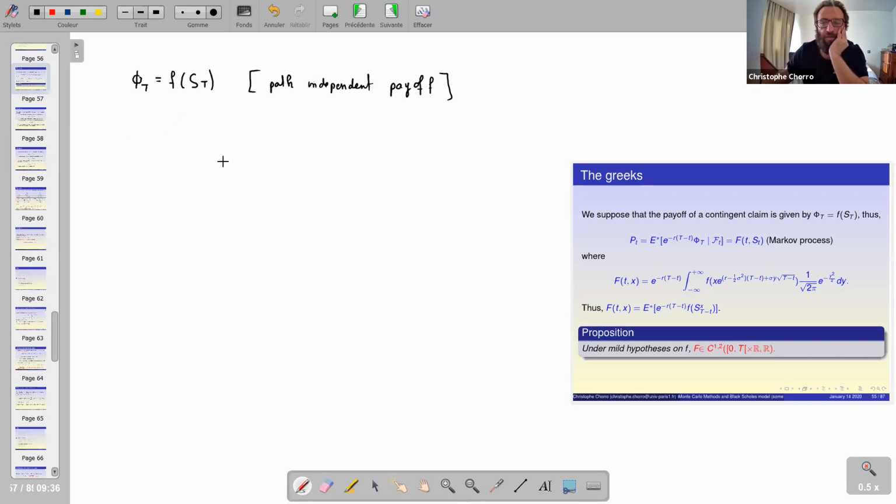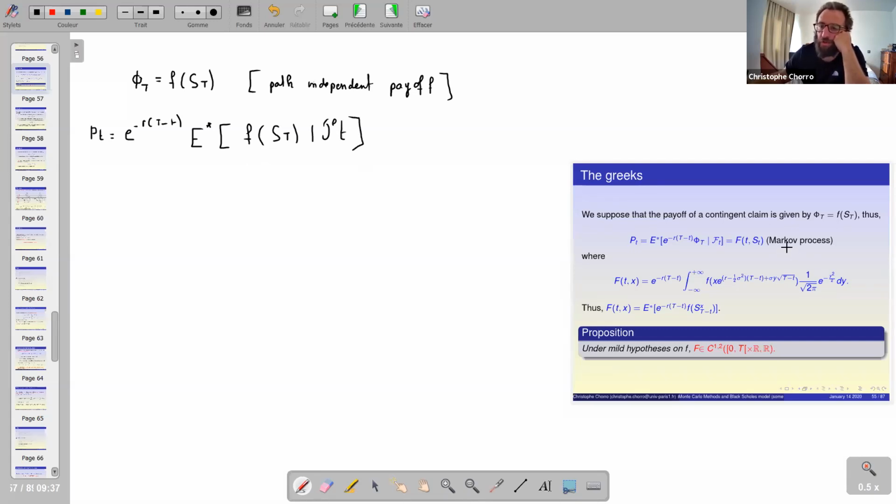So if I am interested in the price, I apply the formula: the expectation under Q of my payoff, given F_T.